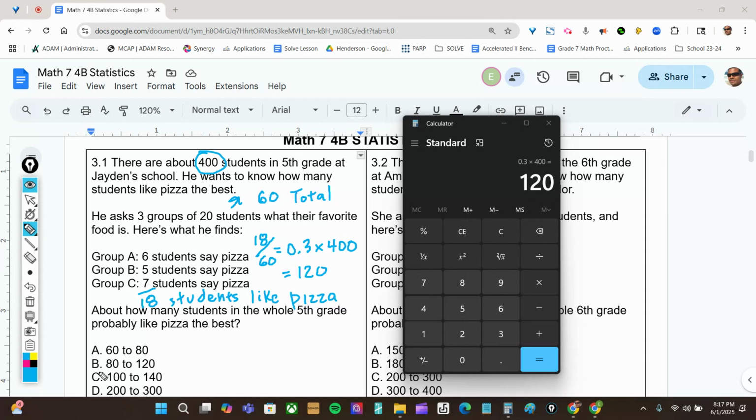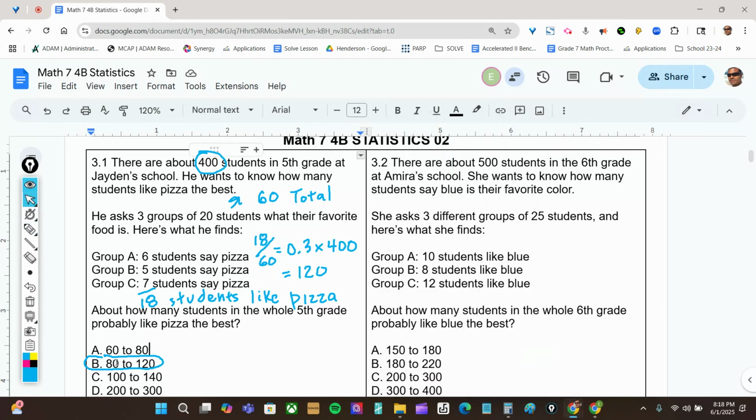So 120 is B. Okay, even though this is kind of a little bit wrong. So this should be like 81, and this should be 121.